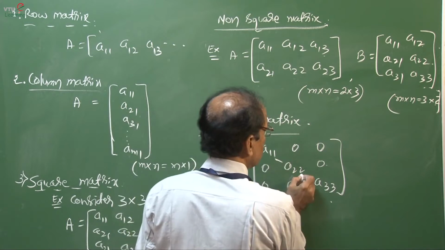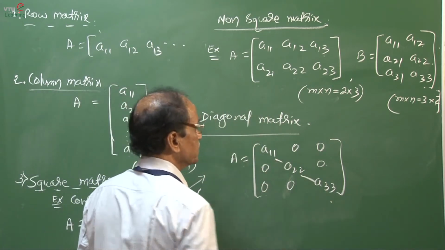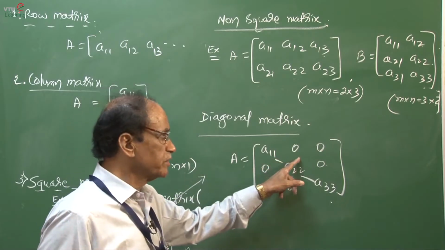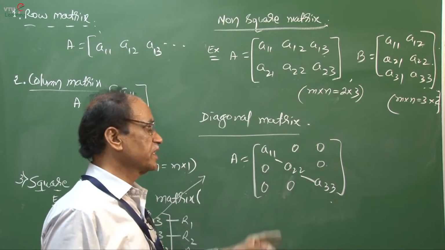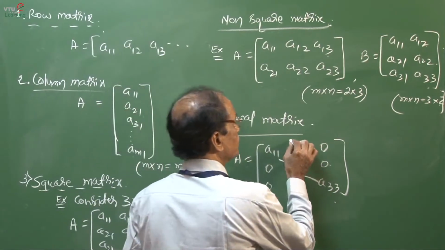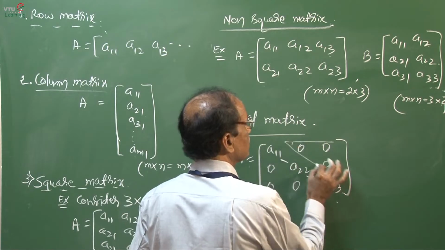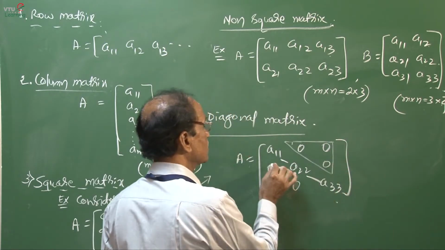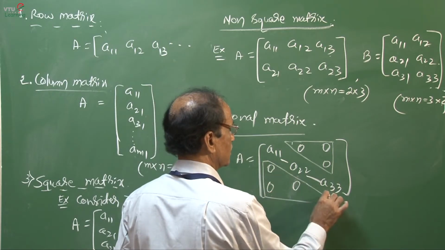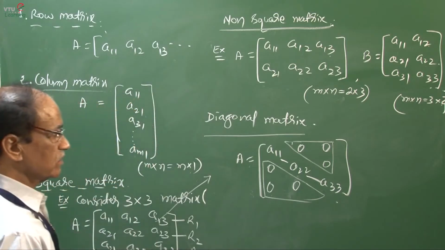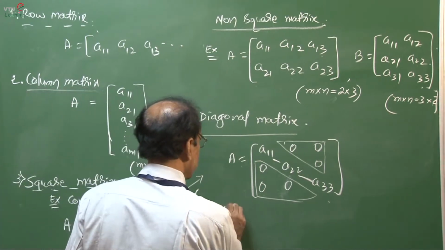This is called a diagonal matrix. A diagonal matrix means the elements above the principal diagonal are 0 and the elements below the principal diagonal are 0. That means these three elements are 0 and these three elements are 0. This is called a diagonal matrix. And the unit matrix.